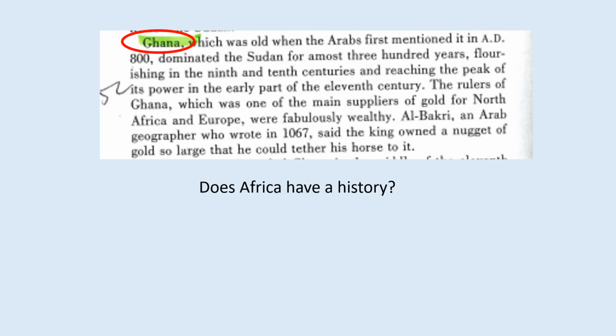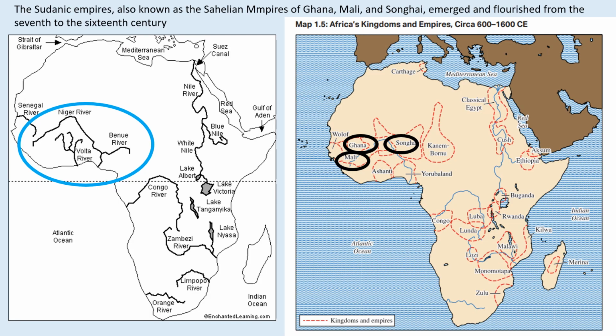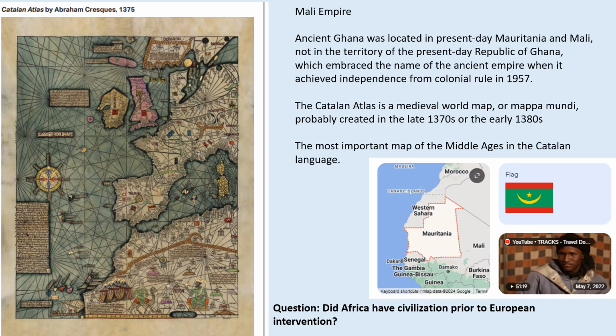Once again, we see evidence from Ghana and its contribution. The region we're looking at here, Ghana, Mali, and Songhai, are in this particular portion. They're known as the Sudanic empires. And here we see some images that are from the African American Studies framework. This image here is straight out of the framework.